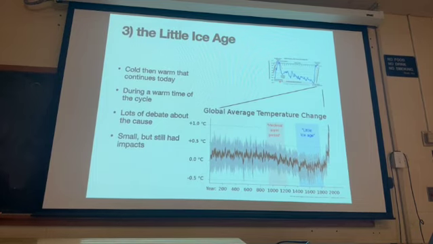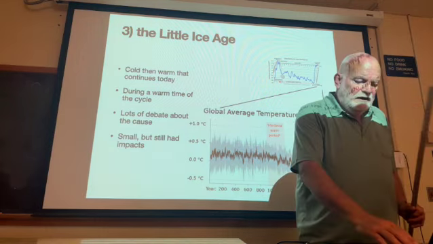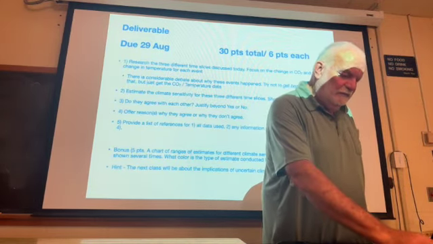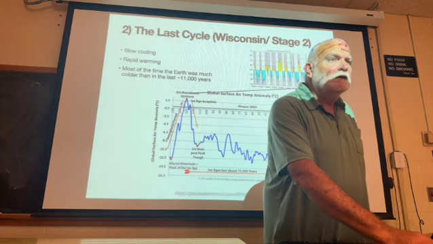Yes, sir. Why is there lots of debate about the cause of the little ice age? Well, because it doesn't fit any of our preconceived ideas. There's no fundamental reason for it to happen except that it did. So there has to be some fundamental reason that we don't understand.